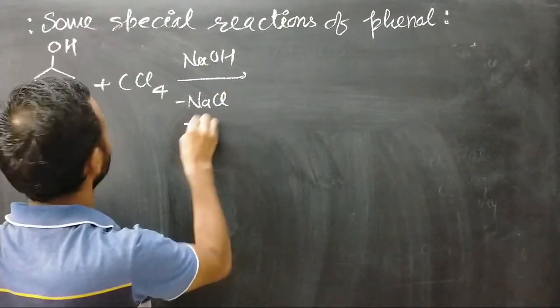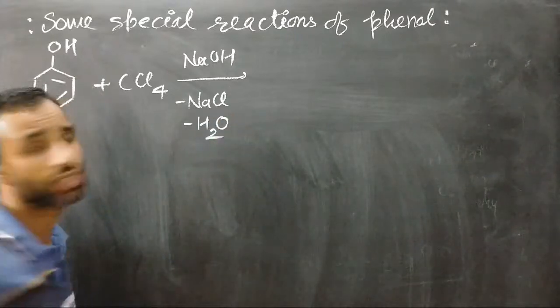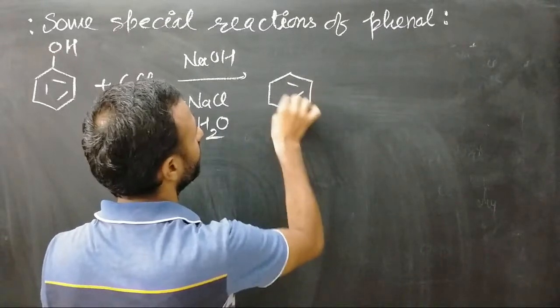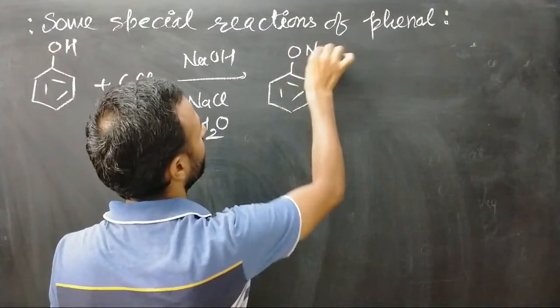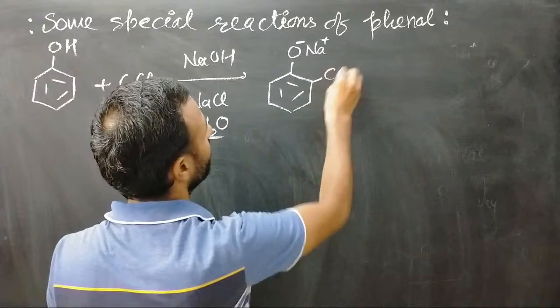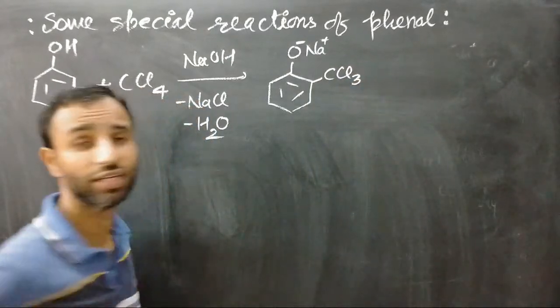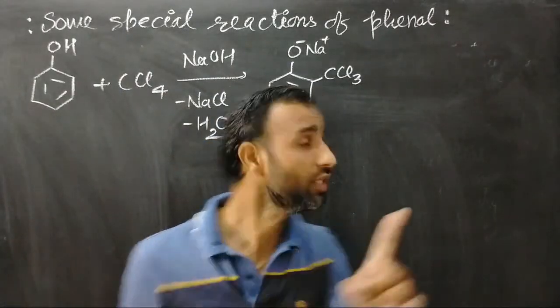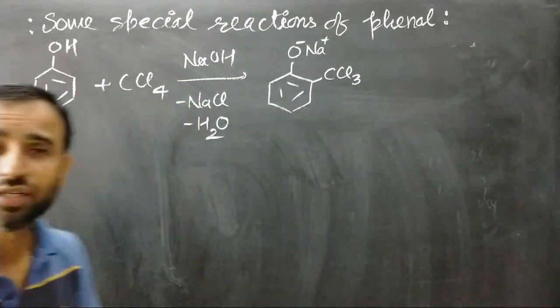Again, NaCl and water is removed, and the product formed in this case is sodium salt and CCl3. Instead of CHCl2, we get CCl3.